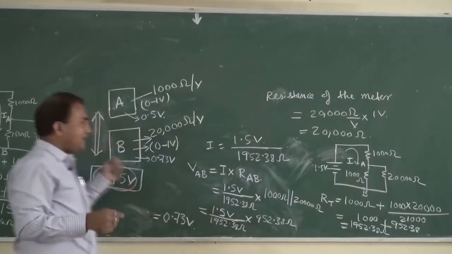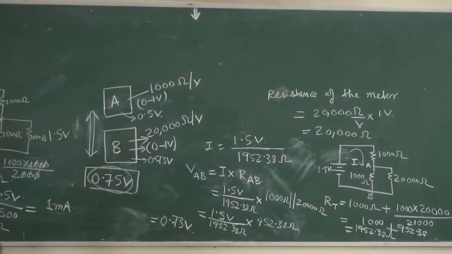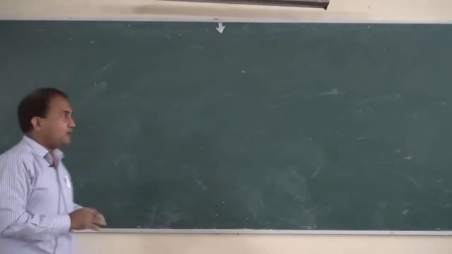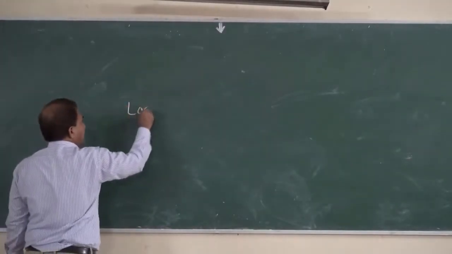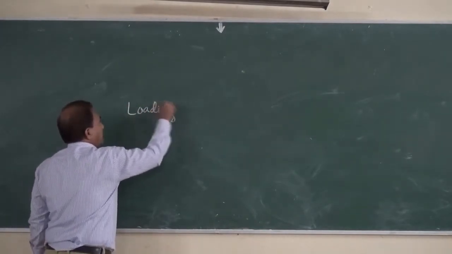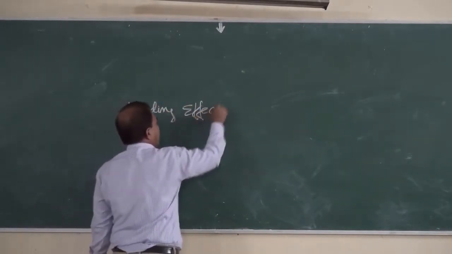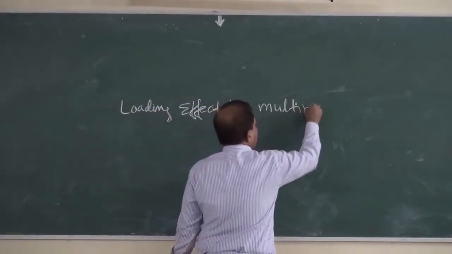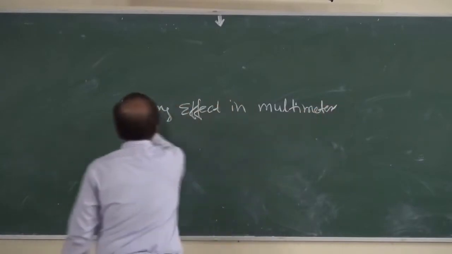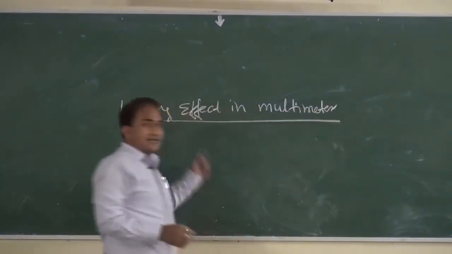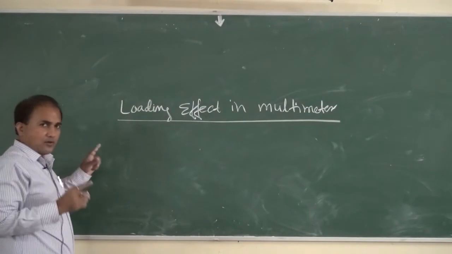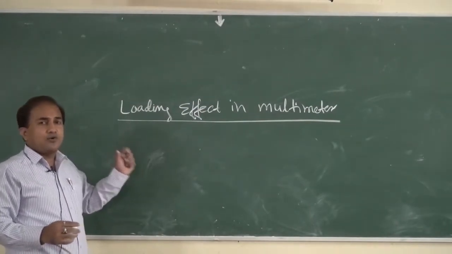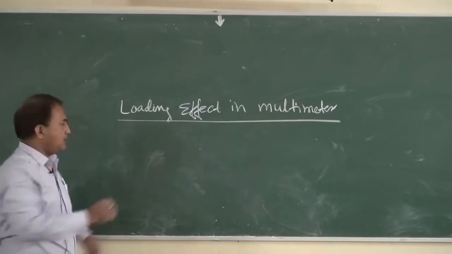So we can minimize the loading effect. How can we minimize the loading effect in a multimeter? We can minimize the loading effect in a multimeter by choosing a multimeter whose sensitivity is more.